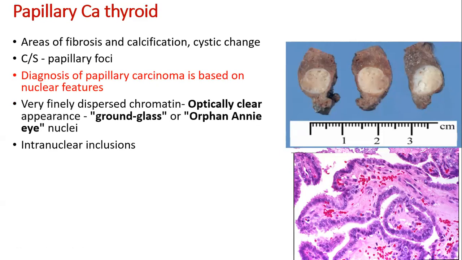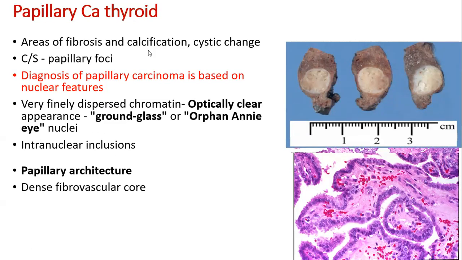But the most important are the nuclear features on microscopy. The nucleus will have fine dispersed chromatin, an optically clear appearance, that ground glass appearance or Orphan Annie nucleus we talk about, because of the intranuclear inclusions. You will see this definitely in our practicals.